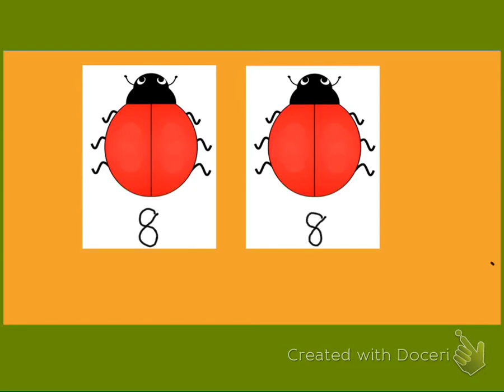So 1, 2, 3, 4, 5, 6, 7, 8. Now we have to double that number, so we have to draw 8 dots on the other beetle as well. So it's 1, 2, 3, 4, 5, 6, 7, 8. And if you add the dots together, you're going to get the same answer, which will be 16.